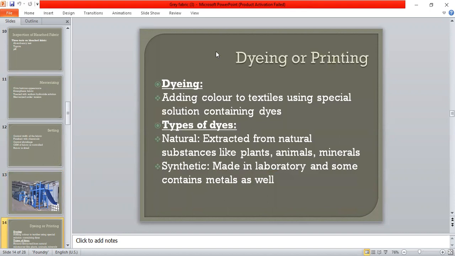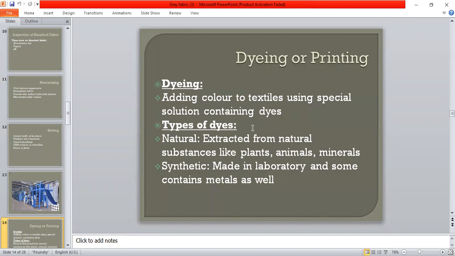So the next process is dyeing and printing. Firstly, we will discuss dyeing. Dyeing is the process of adding color to textile products like fibers, yarns, and fabrics. Dyeing is normally done in a special solution containing dyes and particular chemical material.